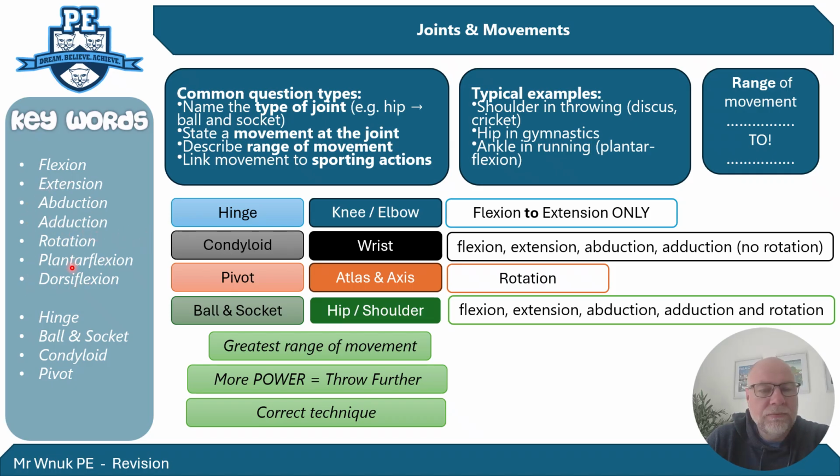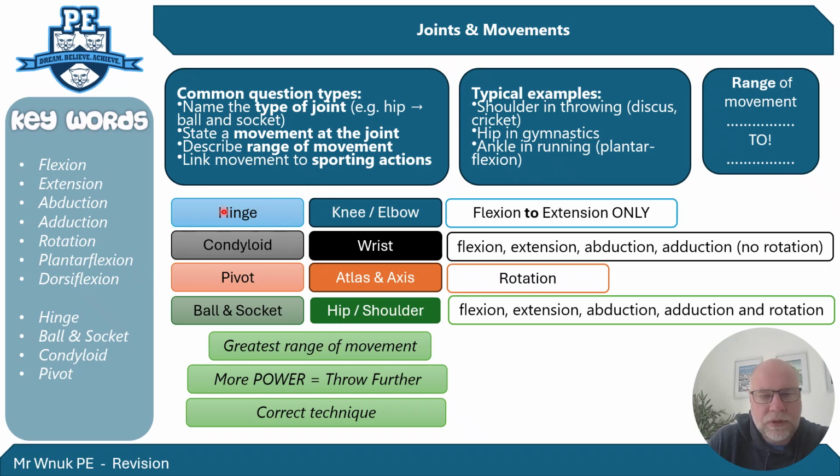Now you won't really be asked about the movements of the ankle, but you do need to know plantar and dorsiflexion when you're analysing movements, and this is more often than not when you're asked about antagonistic pairs in the muscular system. If it's only looking at the ankle, watch the muscular system video that I've put together already.